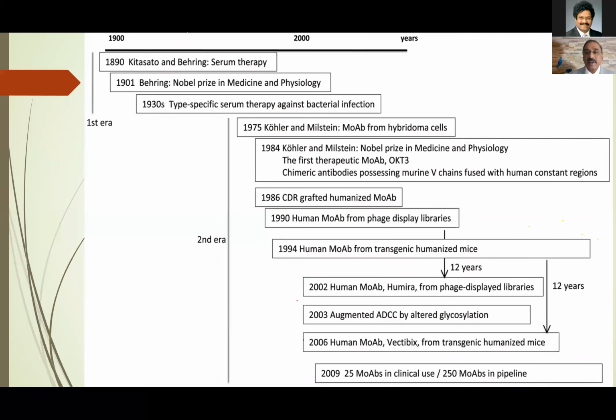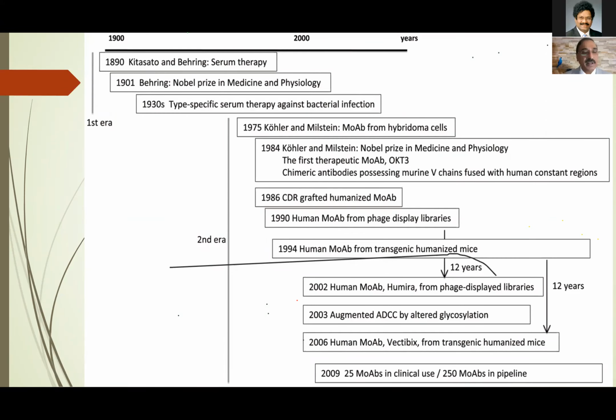This is just a slide I put together showing how we went from Behring's serum theory to the monoclonal antibodies, and how they developed. The first therapeutic monoclonal antibody was OKT3. It was named that because Ortho is the company and Kung is the company owner, so it's Ortho Kung T3.